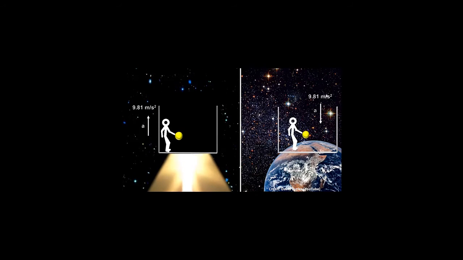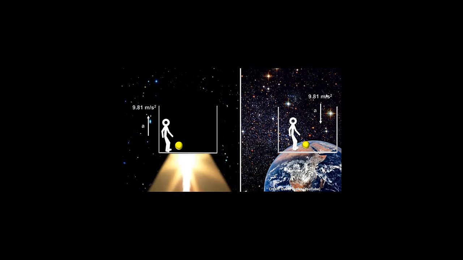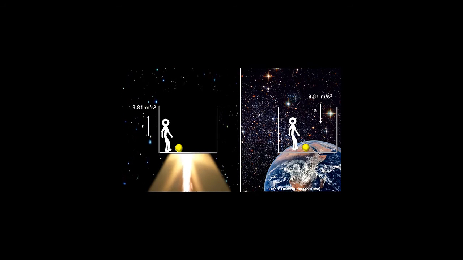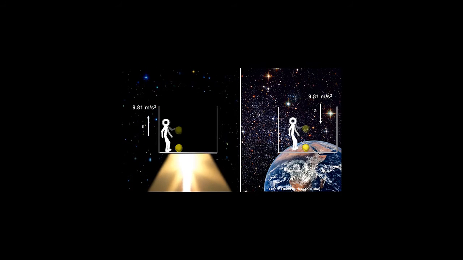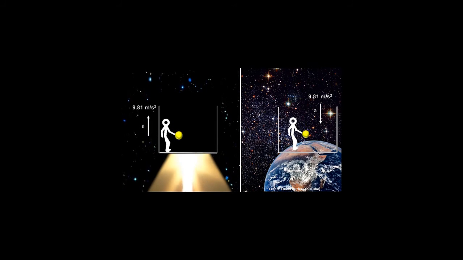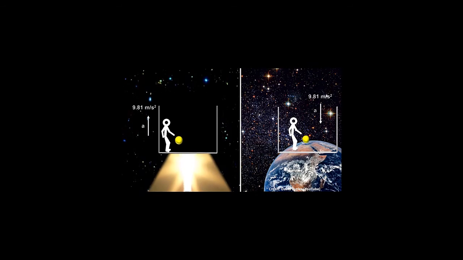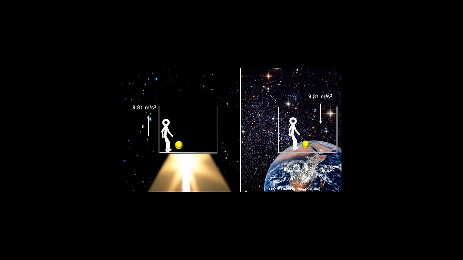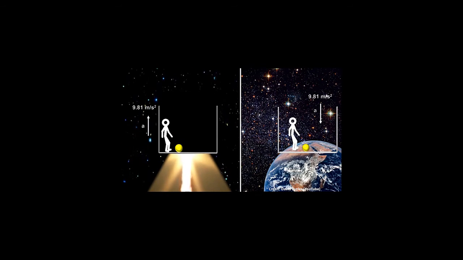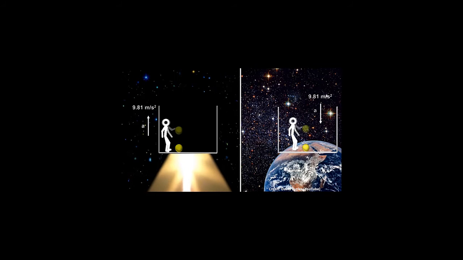Only difference is, in left side, the elevator is moving upward with an acceleration of 9.8 meter per second square. And in the second one, the elevator is at rest on the surface of Earth, and the Earth applies an acceleration of 9.8 meter per second square. But for the person who is inside the elevator, there is no difference at all. Everything is same. The ball falls in the same way and the ground pulls him in the same way.